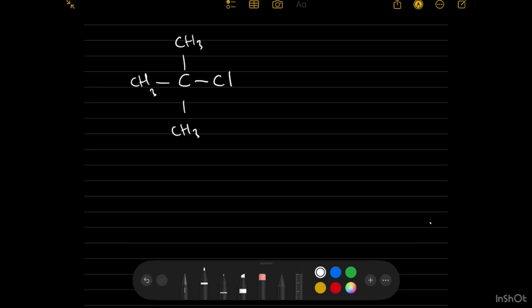First of all, you have to look at the type of the haloalkane. This is the most important step in order to determine whether it's SN1 or SN2. So first of all, you look at the structure.